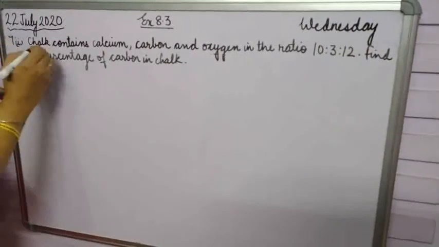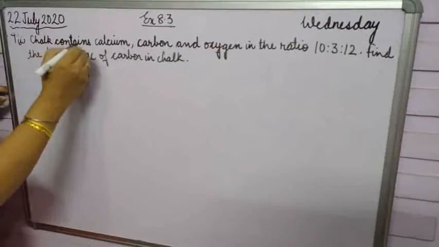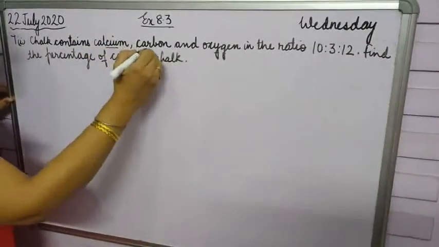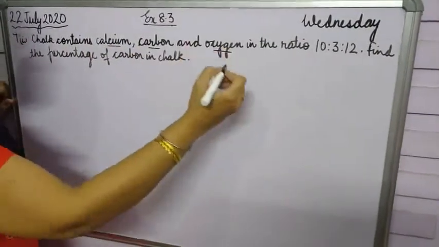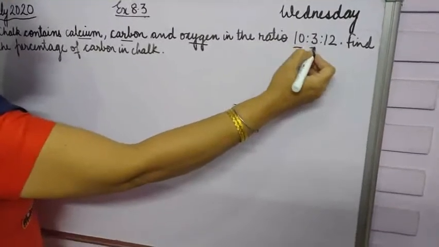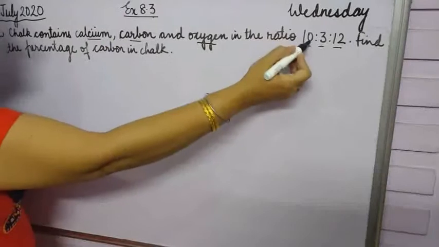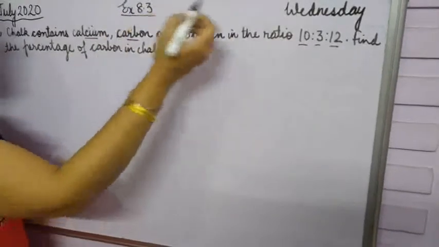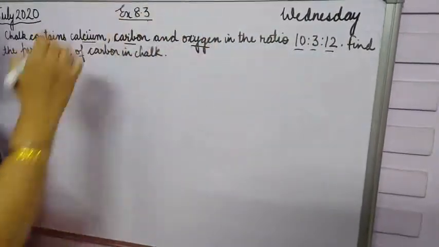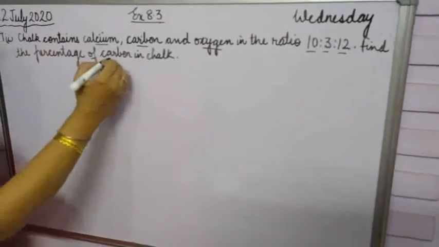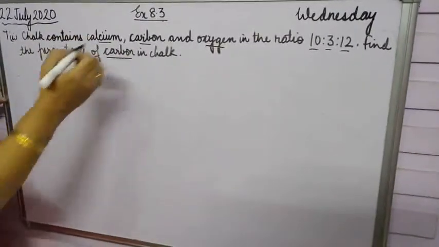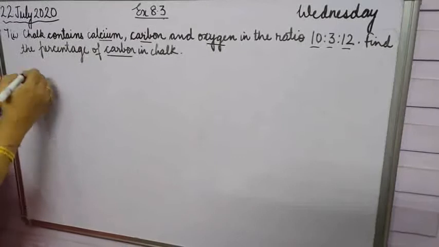Question number 7. First part: chalk contains calcium, carbon and oxygen in the ratio 10:3:12. That means 10 for calcium, 3 for carbon and 12 parts for oxygen. Now find the percentage of carbon in the chalk. This is just similar to the second question.